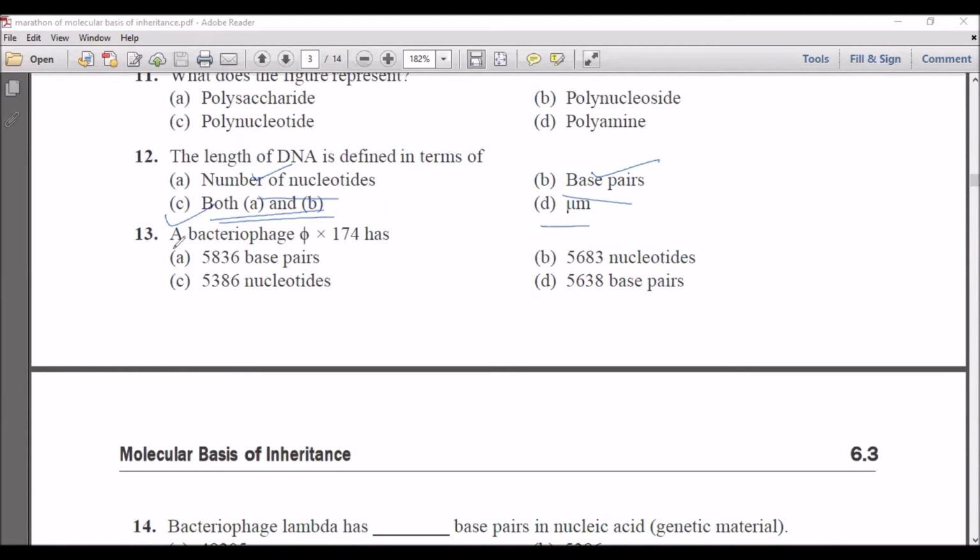Next question is, bacteriophage φX174 has 5836 base pairs, 5683 nucleotides, 5386 nucleotides, or 5638 base pairs. So we know that bacteriophage φX174 has 5386 nucleotides.